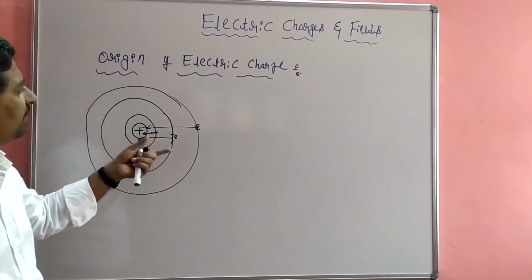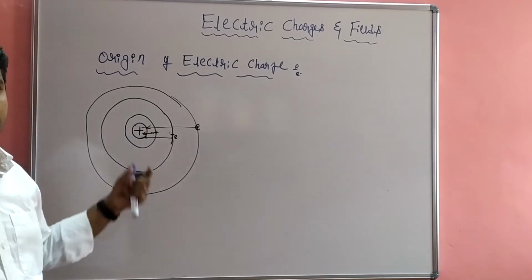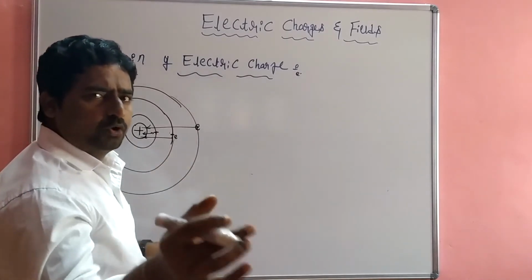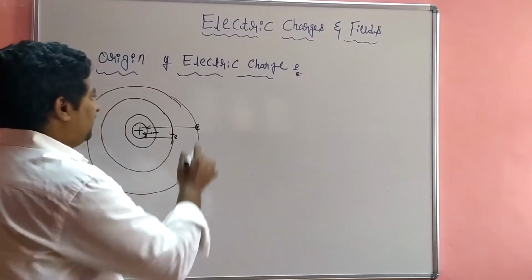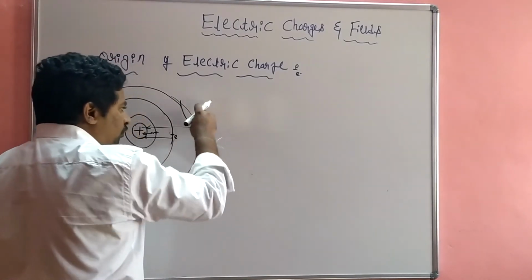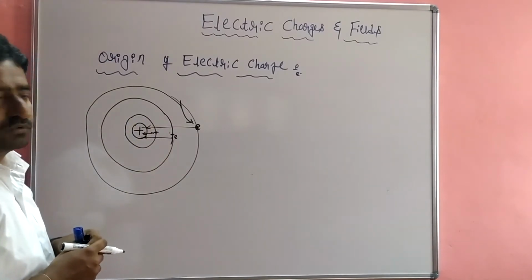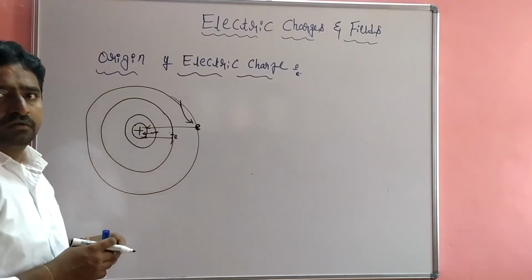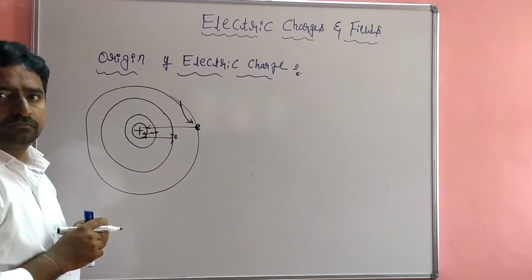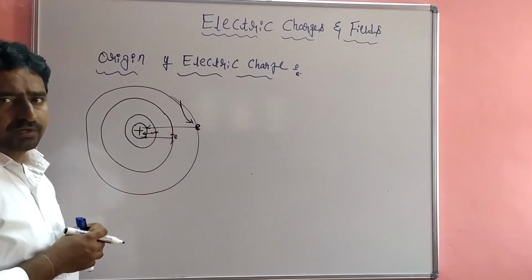Only a negligible amount of work done is required to remove or lose this electron from the atom. That work is done by the rubbing method, so work is easily applied to lose this one electron.